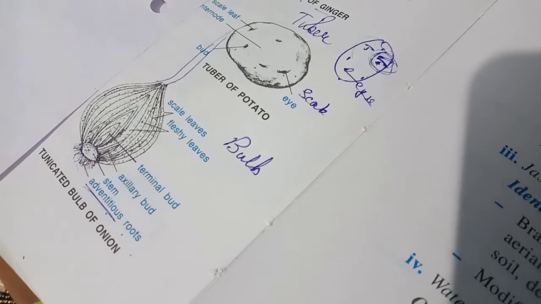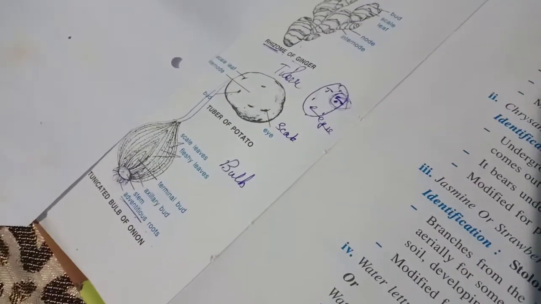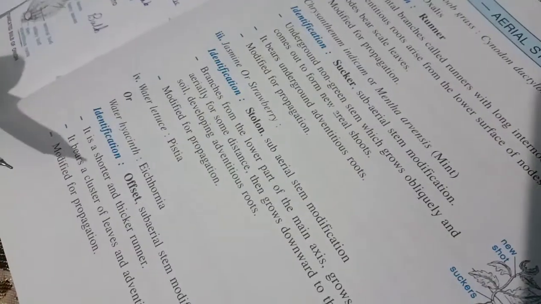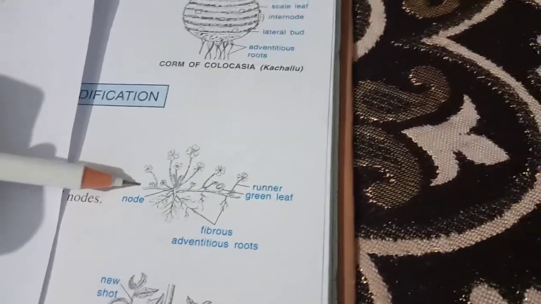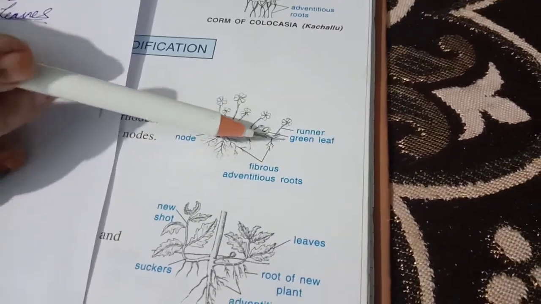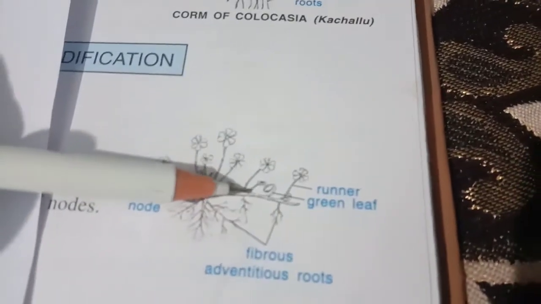Now, apart from these natural types of vegetative propagation, you have another type, that is runners and stolons. Got it? See here. What is this? That is very common. In grass, you find that it has adventitious roots, and these can grow into new plants.